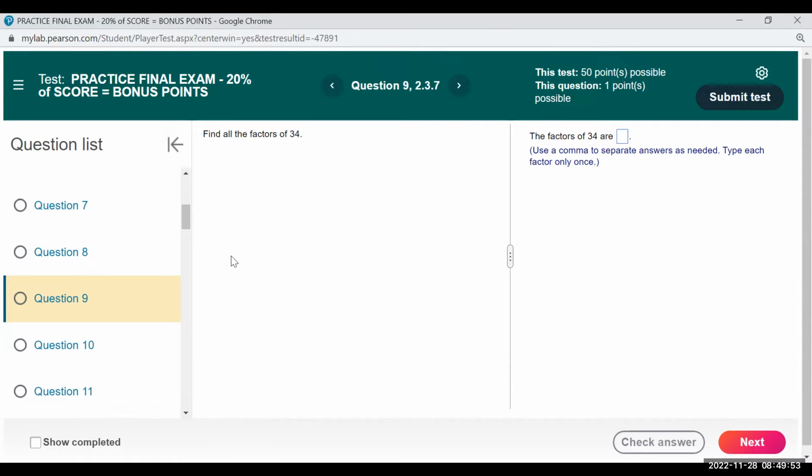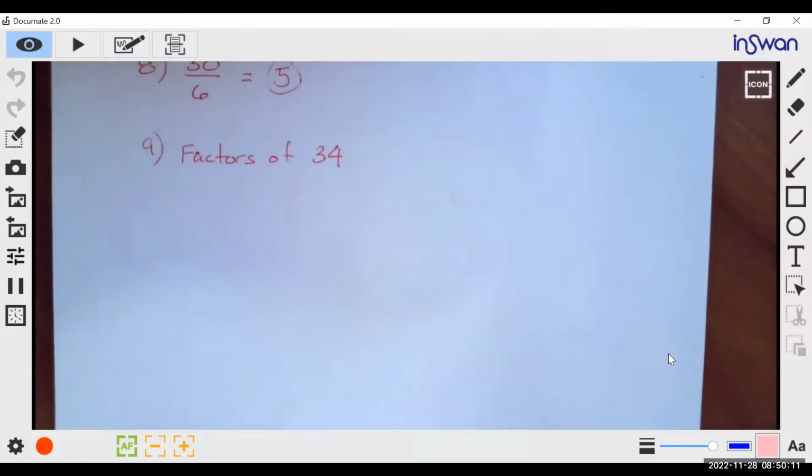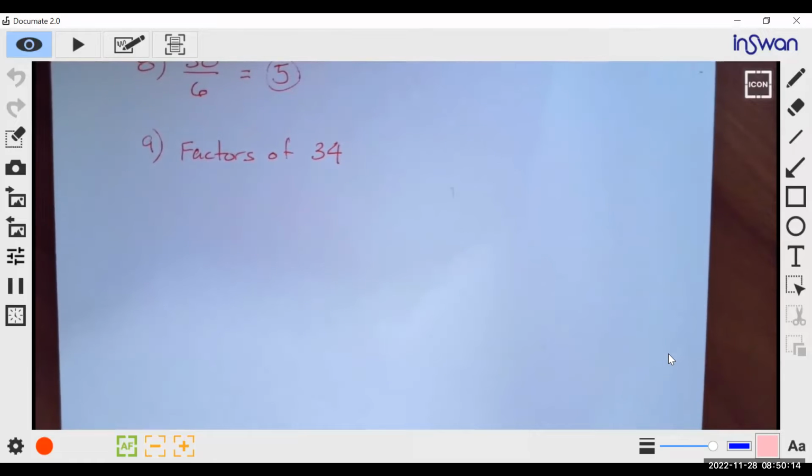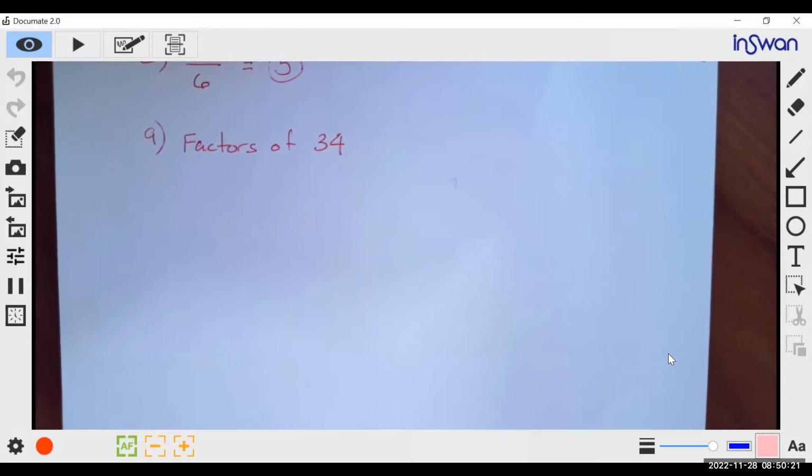Find the factors of 34. What does it mean, find the factors of 34? That's not prime factorization.